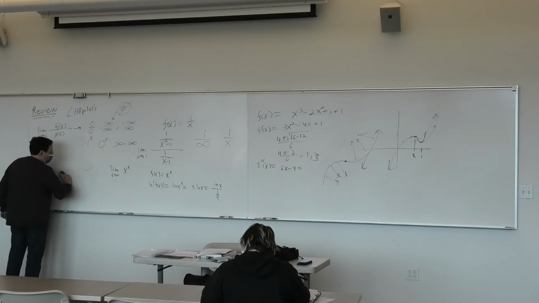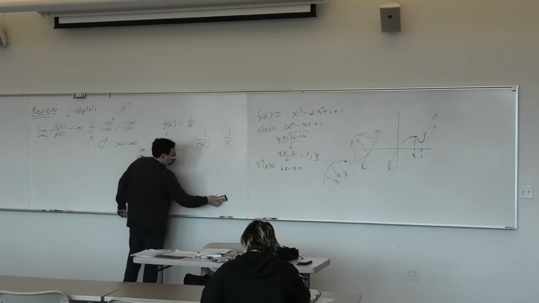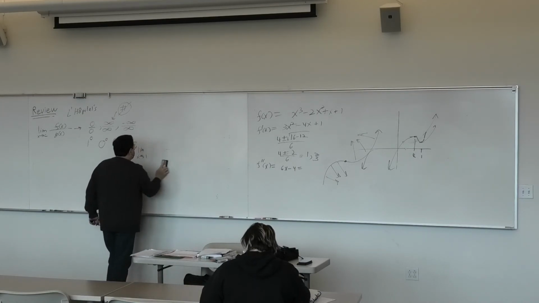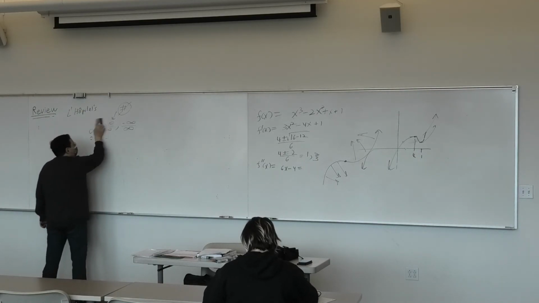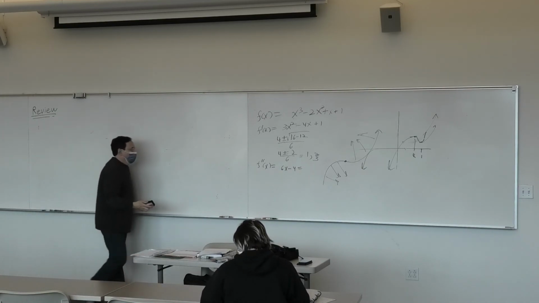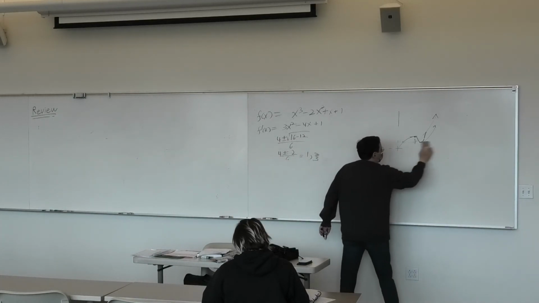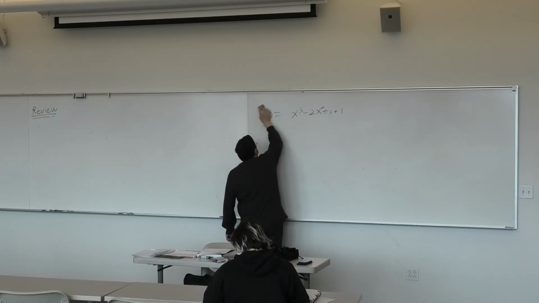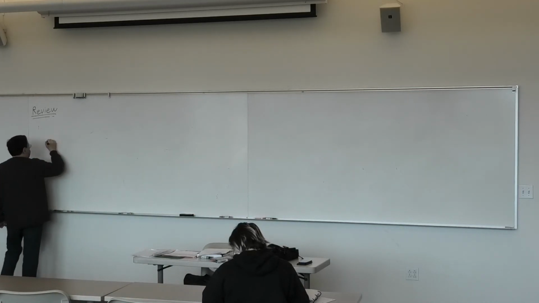I want to mention optimization problems briefly. I don't want to spend too much time because I really want to have some time to look at finding integrals. But basically, an optimization problem is a problem where, I guess the typical problem is we have some rope.